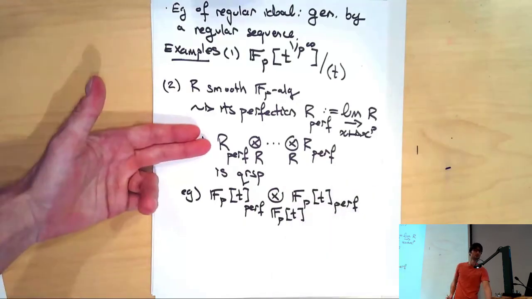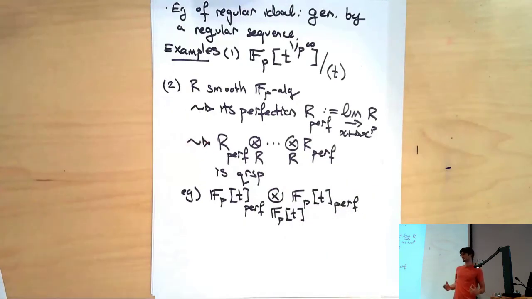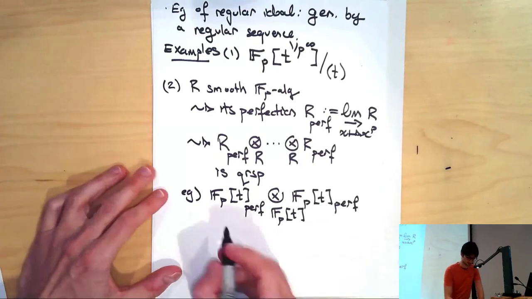So I'm considering this type of construction in the case of R just being FPT and only having two copies. But this is really the prototypical case. Dealing with more tensor products is not an issue. In general, whatever your smooth algebra is, it's going to be étale over a polynomial algebra in some number of variables. Dealing with the étale piece is okay, and you just need to rewrite the argument that I'm about to do in the case of more polynomial variables. So how does this thing look?